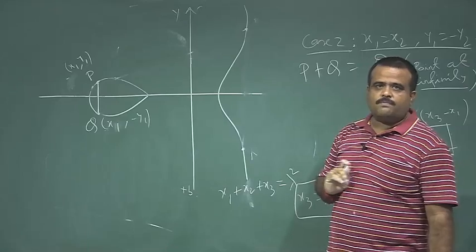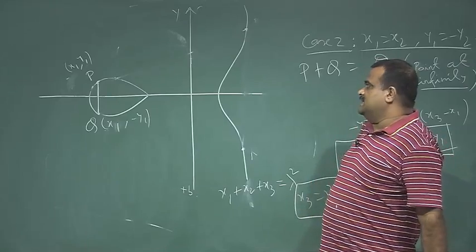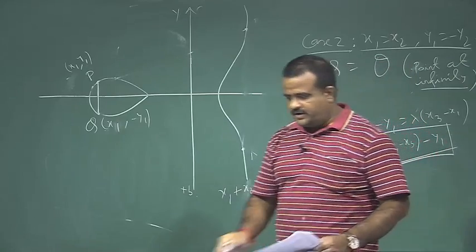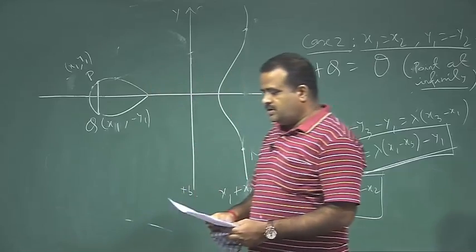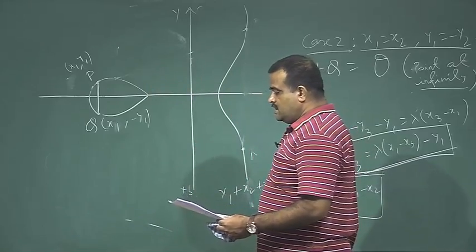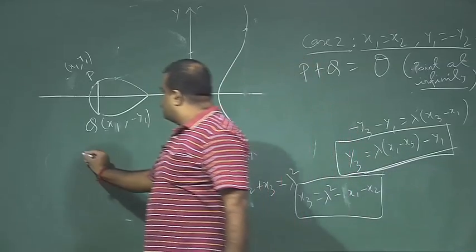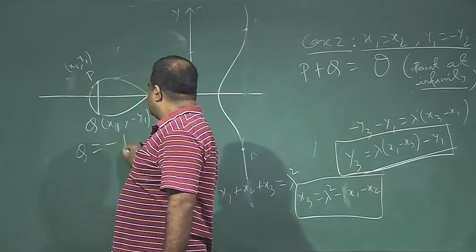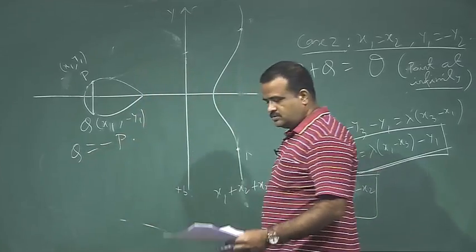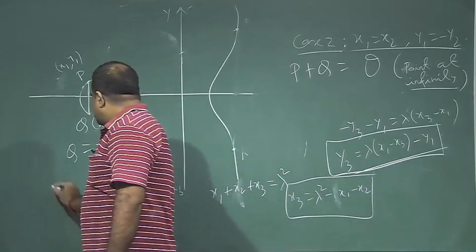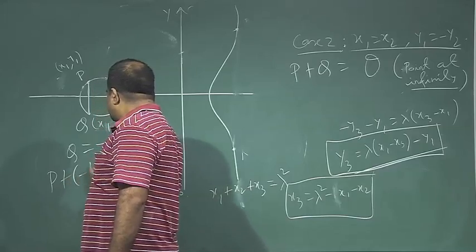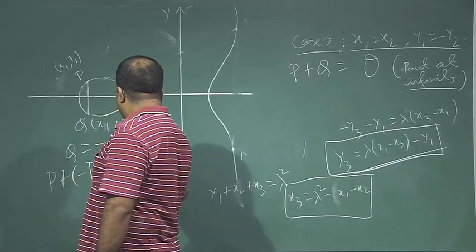So this Q is basically minus P. So then P plus minus P is basically this.